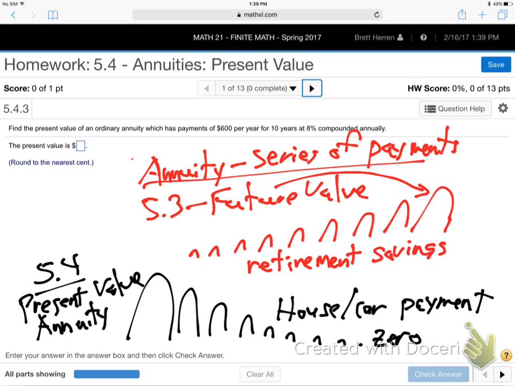So you get the pile now, or buy a car, or borrow money. Those are forms of borrowing, aren't they? So present value, you get the pile now, and you pay it back over time. It's also called amortizing a loan or a debt. What does the word mort mean? Death, mortal, right? We are mortals.